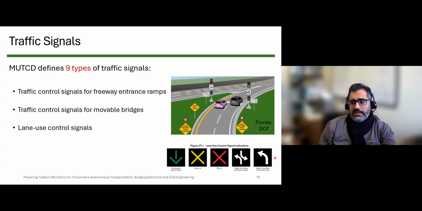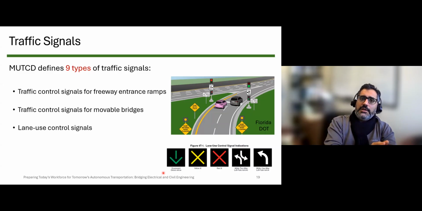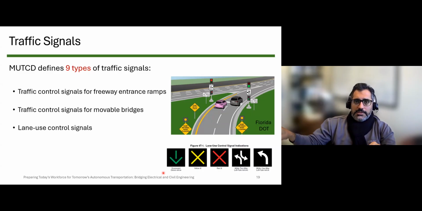We also have lane use control signals. You may see things like this when you have, imagine, a four-lane bridge where one of the lanes is not used during off-peak hours. For maintenance purposes, for efficiency of that bridge, we usually prevent people from using one of the lanes during off-peak hours.